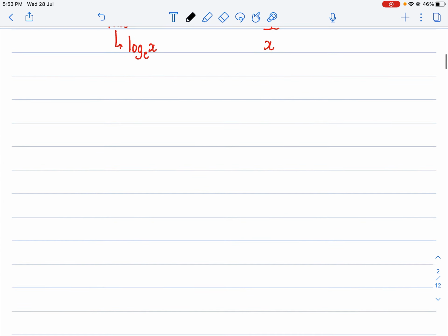Okay, so basically if I want to give an example, the differentiation of 6 sin x, if this is my f of x, my f dash of x will basically be the differentiation of sin x. What is the differentiation of sin x? It's basically cos x which will be multiplied to the constant which I have here, which is 6. So my final answer will be 6 cos x.